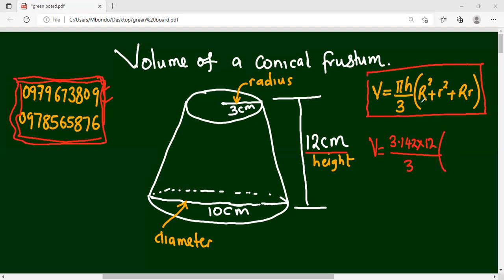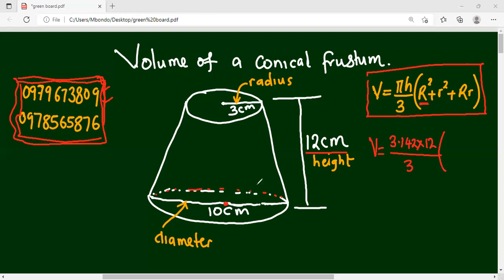Now we need the radius of the bigger circle, which is the one at the bottom, the base. So the radius is going to be half of this 10. As you may have seen here, this is the diameter, but what we need in the formula is the radius.